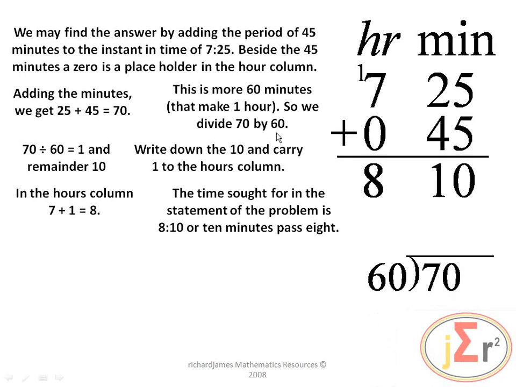Now we are just going to show how by dividing 60 into 70 we get 1 and remainder 10. So let us see how that is done. 70 divided by 60 is 1.